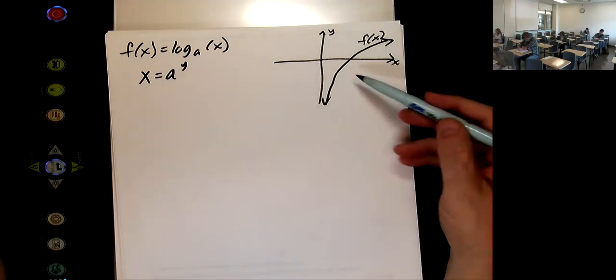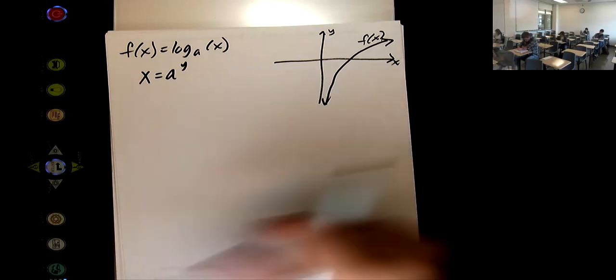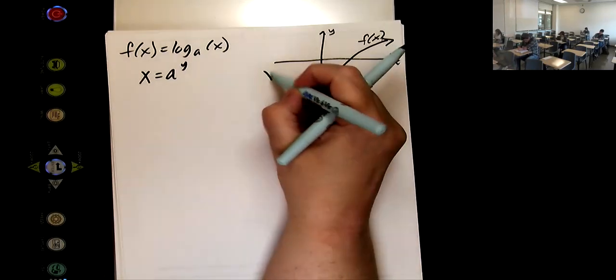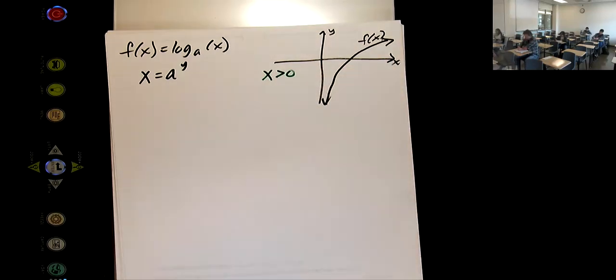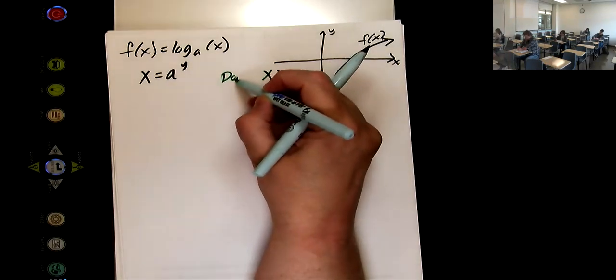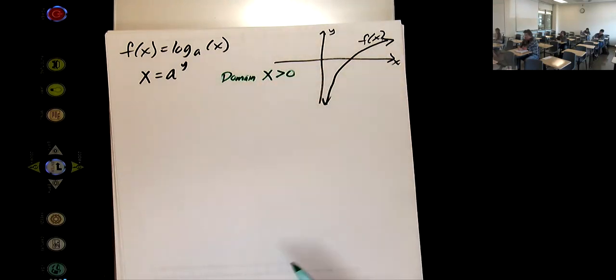One thing we can note is x has got to be greater than 0 from the graph. So that's my domain restriction, and that correlates to the range of the exponential functions. Range on exponentials was y greater than 0.